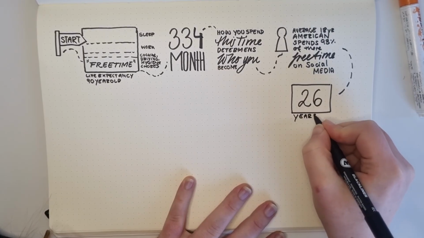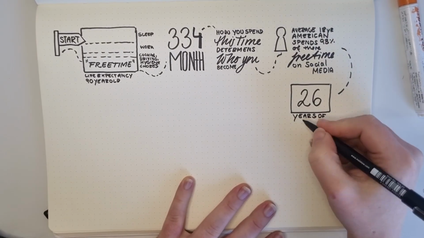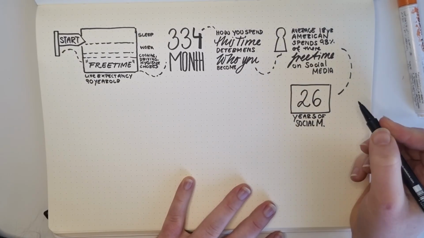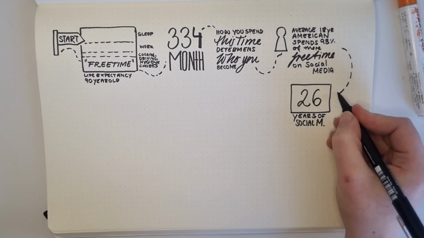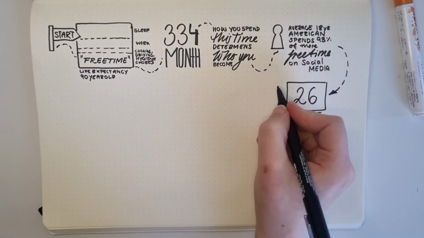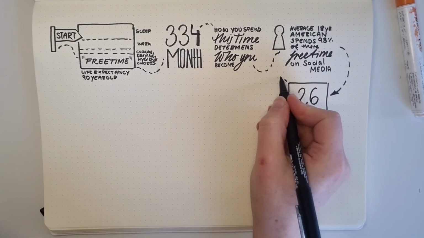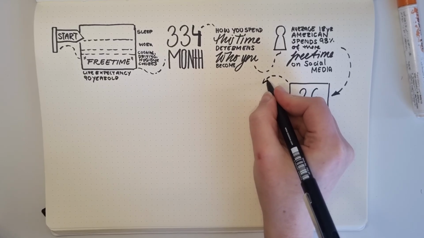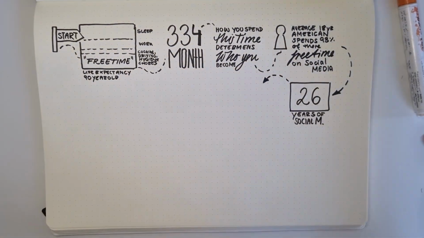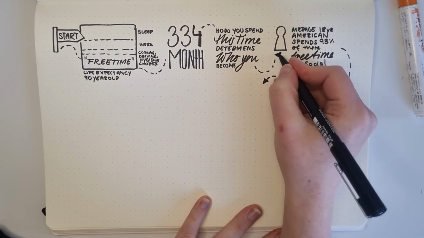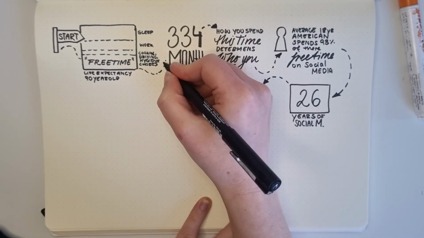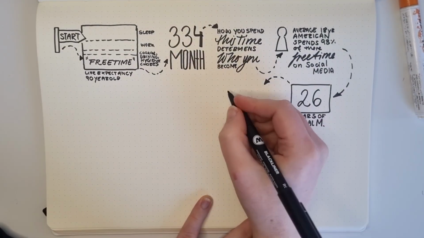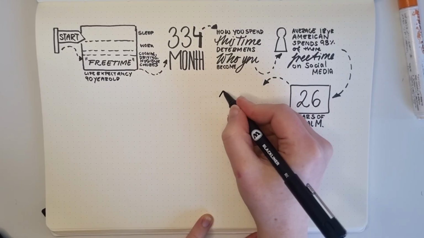So I wanted to give that fact some room to stand out, and for that I decided to use really clear lines, which makes it really easy to read, and just use a bigger font as well to write, in this case, the number 26. And I guess you could work with shadows here as well, like you could use that box that I put the 26 in and frame it with a shadow, just to emphasize it even more. But you don't have to do that.